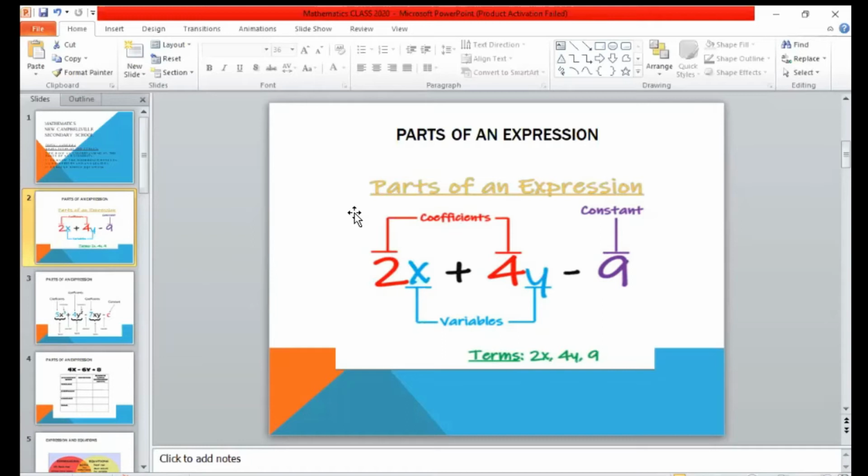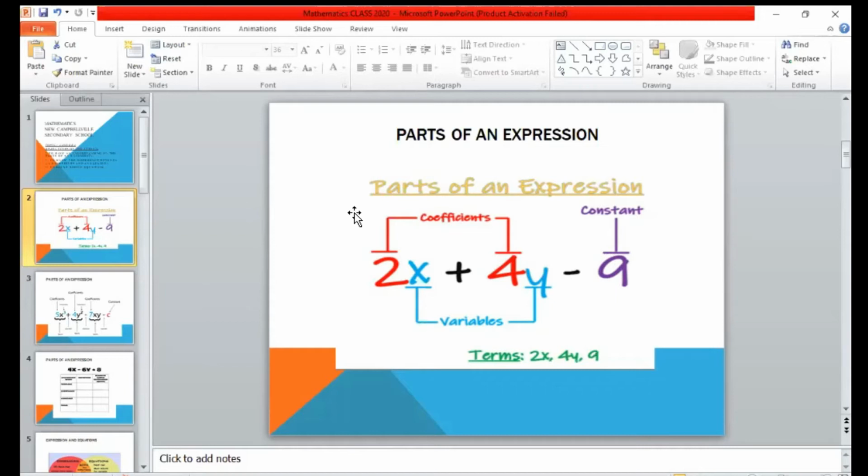So the parts of an expression are the coefficient, the variables, the constant, and we also have the exponent. We'll show an example with the exponent just now. As long as a number is next to a variable, it's called a coefficient. I'm sure you're wondering why 9 is not a coefficient. 9 is a constant because it stands by itself.